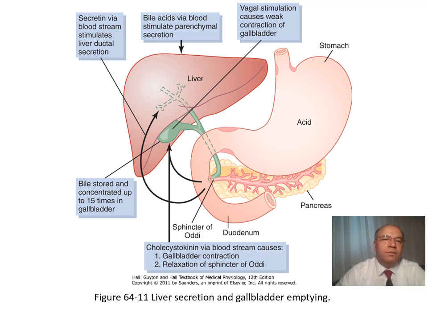So secretin via the bloodstream stimulates liver ductal secretion. Bile acids via blood stimulate parenchymal secretion. And bile is stored in the gallbladder and then concentrated 15 times.